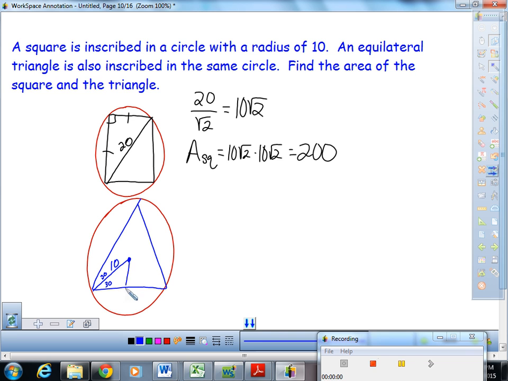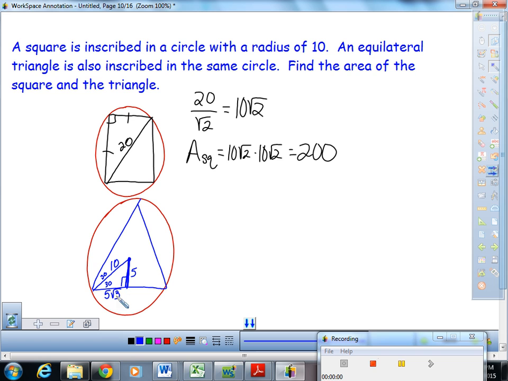So, if I drew this down to here, I have the hypotenuse. This is the short leg because it's across from the 30. How do I get from the hypotenuse to the short leg? I divide by 2. So this is 5. And then what is this? 5 radical 3.